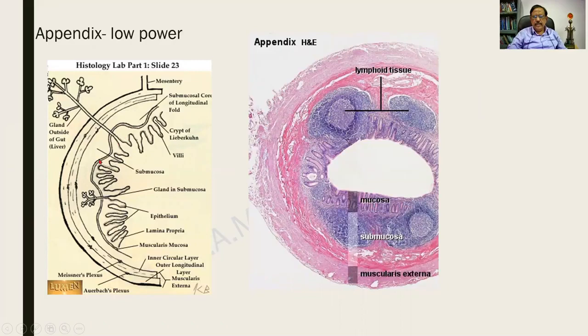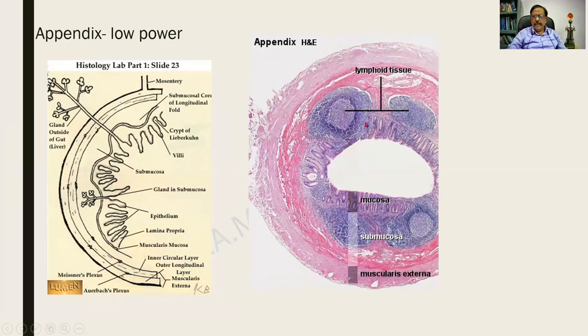This is the histology which you people would have mastered in your first year. There is a mucosa that is thrown into folds and there is a muscular layer over here, very important. This is called the serosa, that is external. This is the counterpart in the H&E stain.